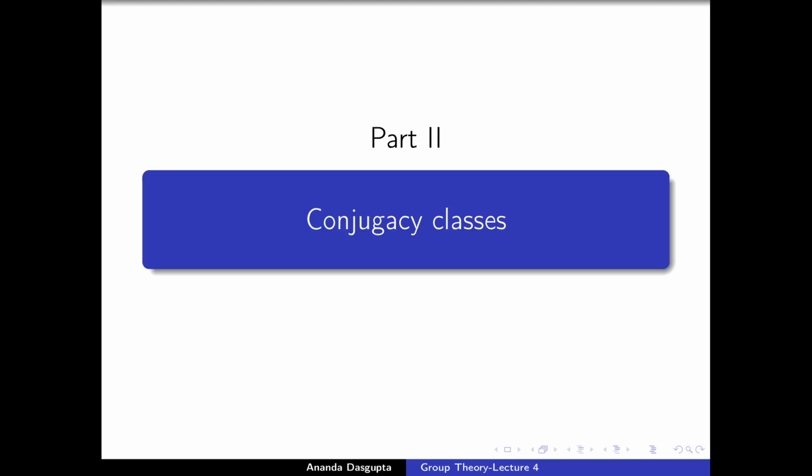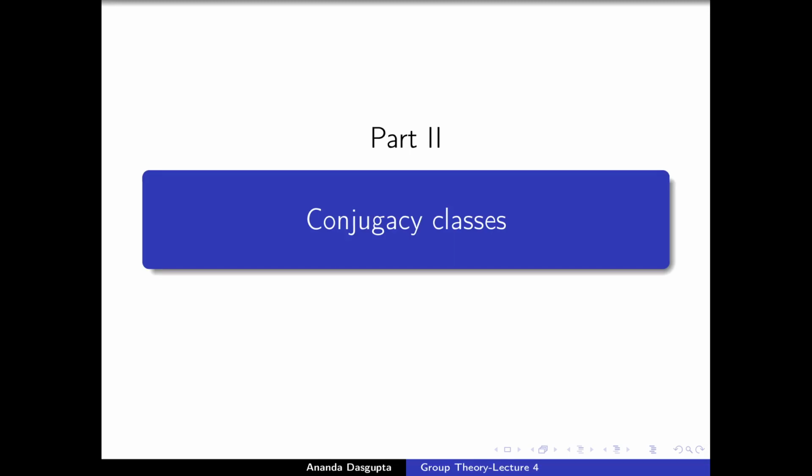Conjugacy classes happen to be very, very important, especially in the theory of representations of groups, which is going to form a major part of our course, because ultimately a major part of the application of group theory to physics is via group representation theory.